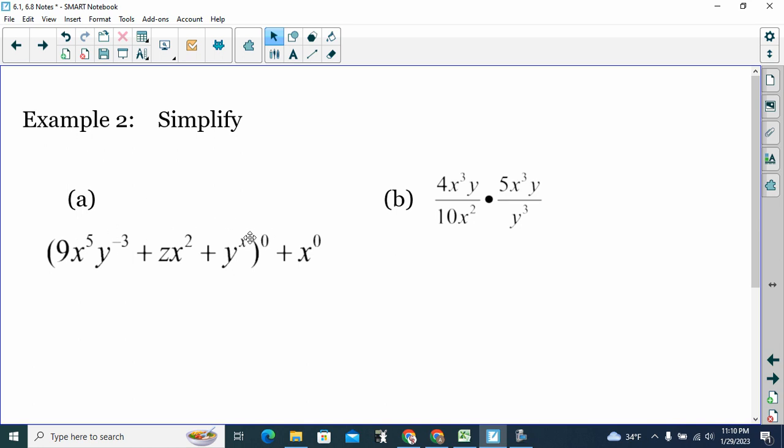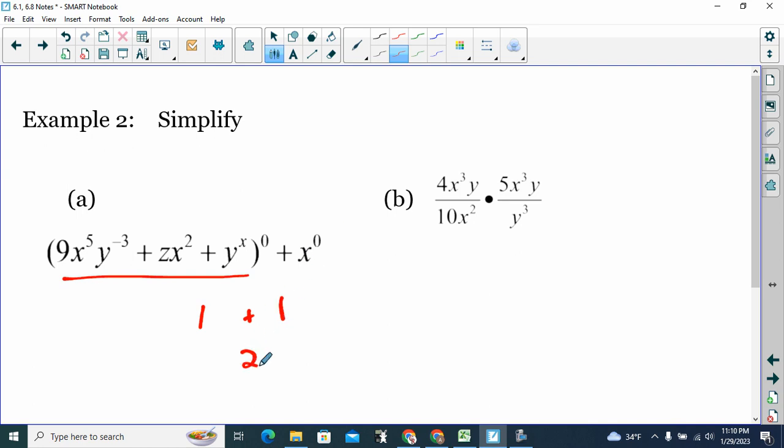I can't raise this to the 0 plus this to the 0 plus this to the 0 because I'm adding in there. Remember, that only works with multiplication or division. Instead, earlier we said anything to the 0 power is 1. So this to the 0 power is 1 plus x to the 0 power is 1, and 1 and 1 make 2.